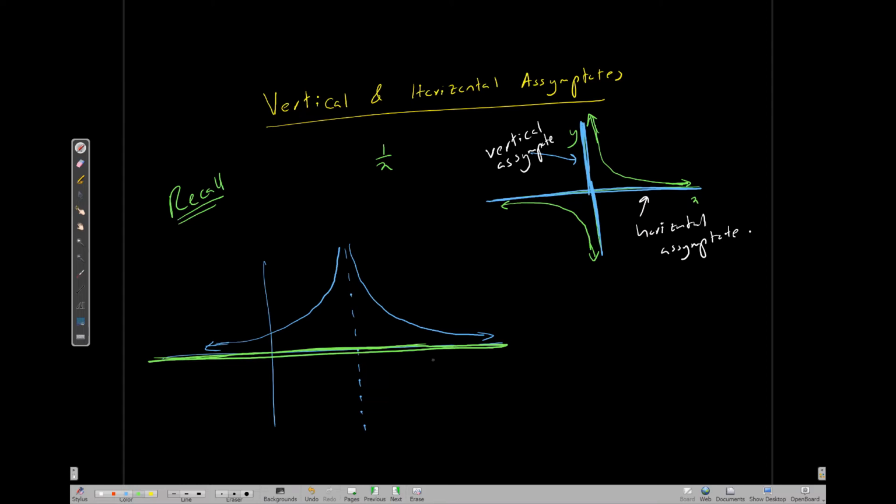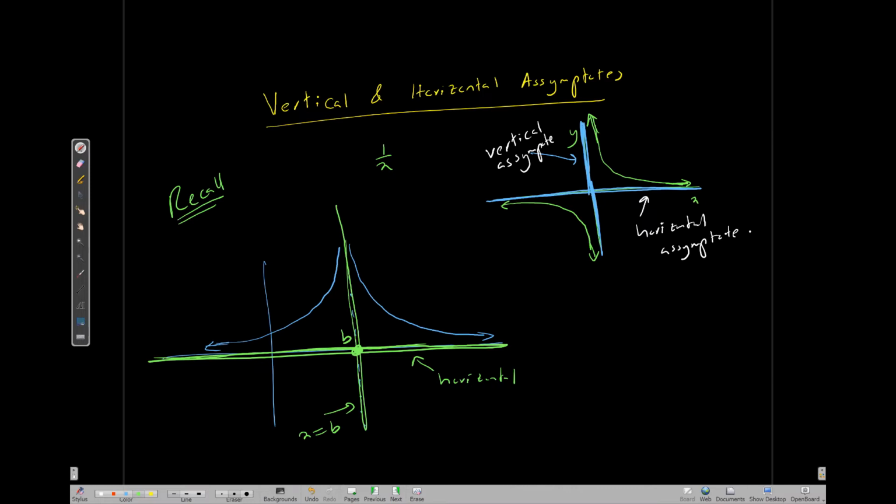So that's the horizontal asymptote. And this line, whatever this line, that's the vertical asymptote. Let's say the point here is B. So x equals B. That is the vertical asymptote. Now this is the simple idea behind asymptotes.